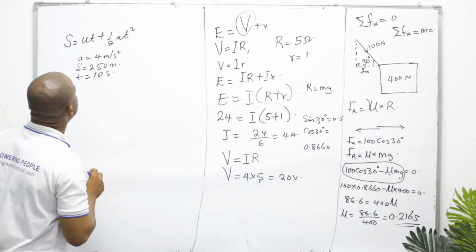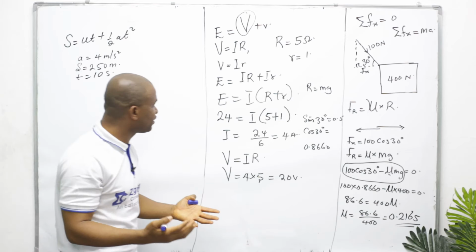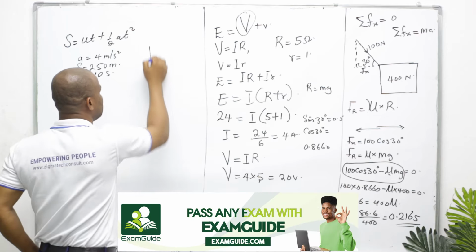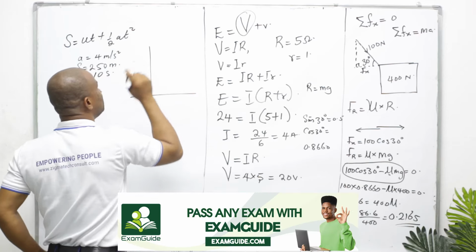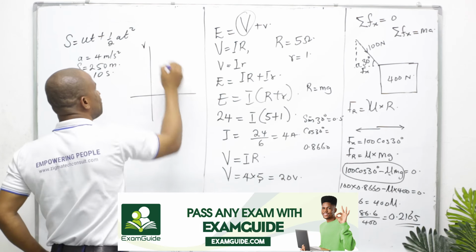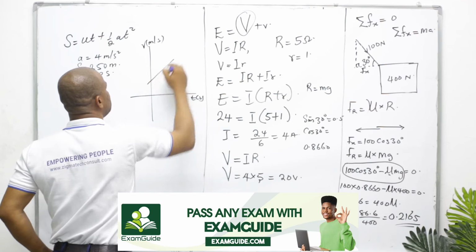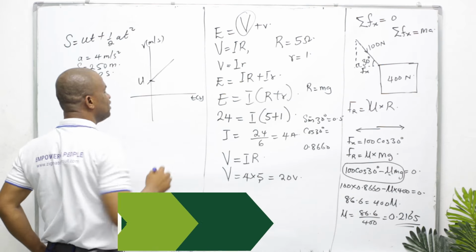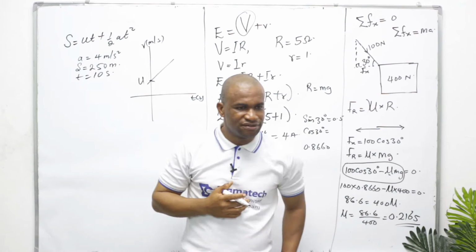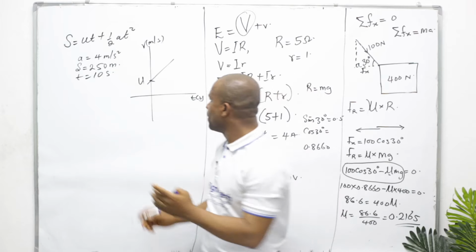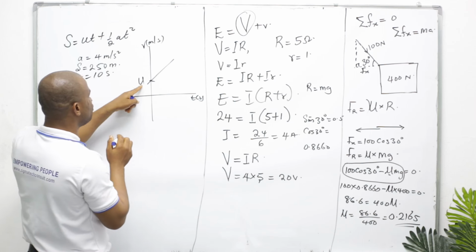Alright, so I don't know where the body started. I can still analyze this question using a graph. This is, I think, a velocity-time graph, in seconds and meters per second. I don't know what this U is. They did not tell me the body started from rest.